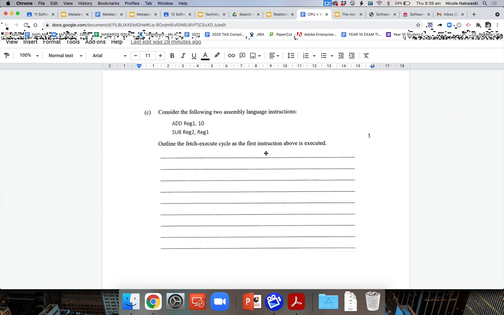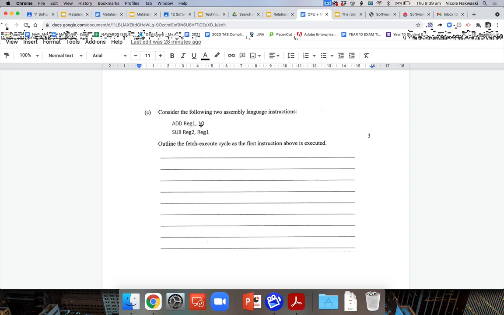So let me give that to you again. This instruction, this add reg1, 10, is fetched from RAM and read into the instruction register. The program counter is incremented to point to this instruction for the next time the cycle runs.